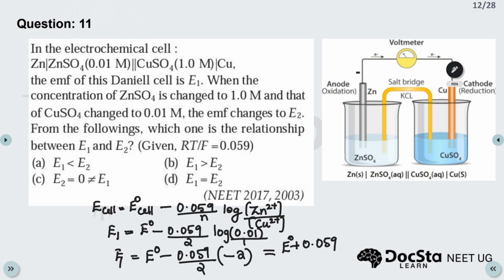Now we'll write the next equation when the concentration has undergone a change, that is E2 is equal to E0 minus 0.059 by 2 log. Here the concentration of zinc is 1 and that of copper is 0.01. In this case the ratio is 1 divided by 0.01, and if you solve this you get the value as E0 minus 0.059.